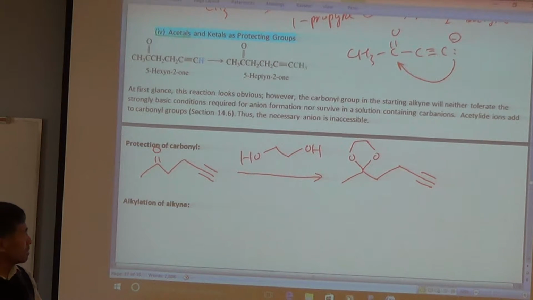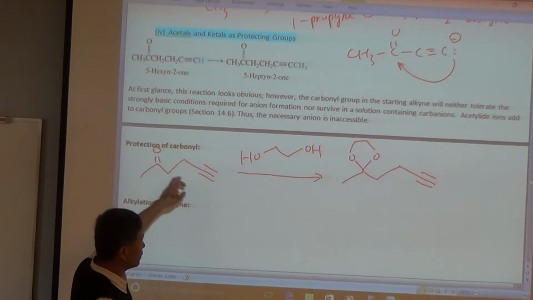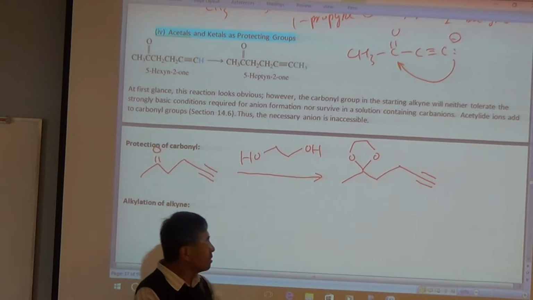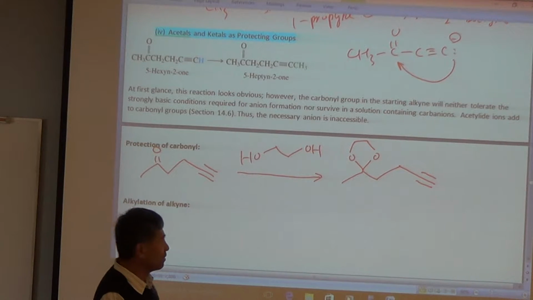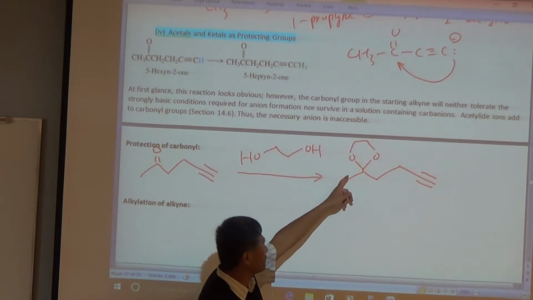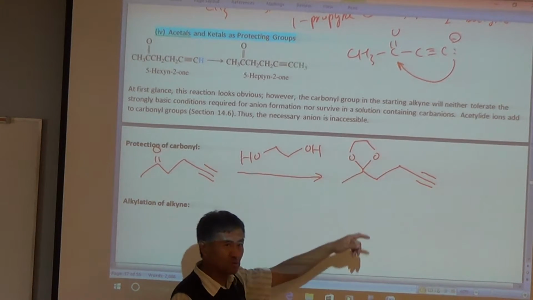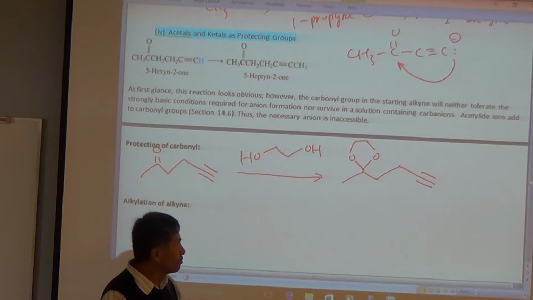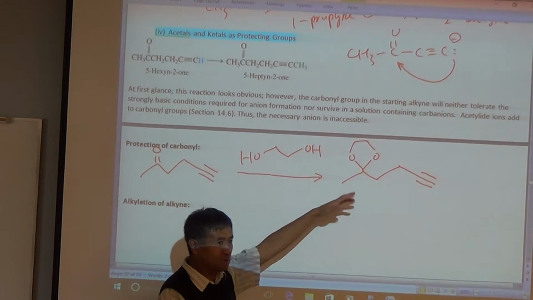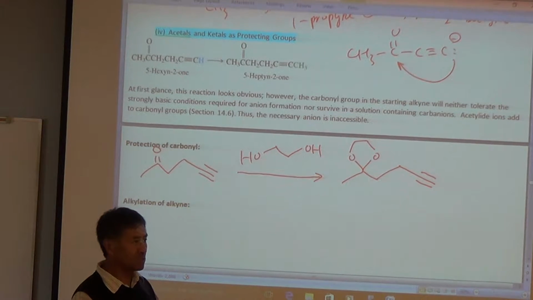Okay? Now, because you changed this carbonyl into this acetal, your acetal has 2 oxygens on it. It's not the same as a double bond oxygen. It gets some more electron density from the 2 carbons and 2 CH2, so that makes the oxygen pull the electrons from this carbon with a different weight, different length.